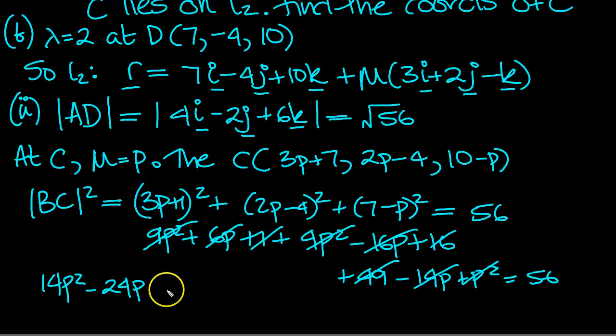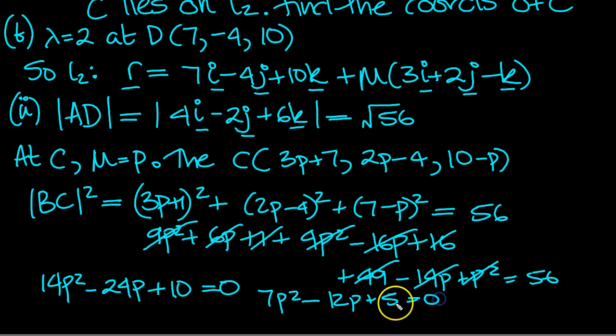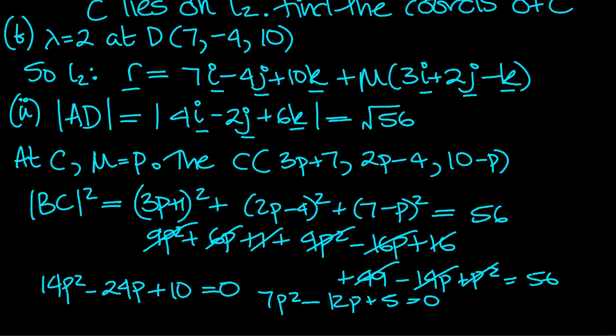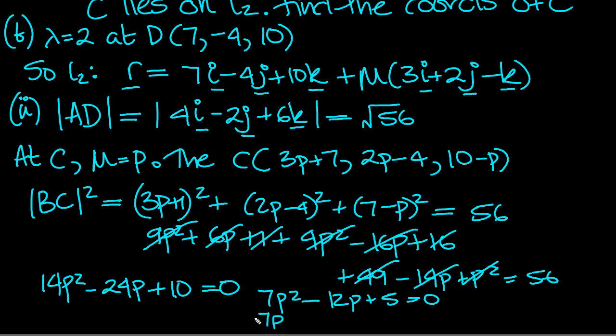Move the 56 over: 66 minus 56 is plus 10, equals 0. We can divide by 2. That gives 7p squared minus 12p plus 5 equals 0. Factorising: 7p and p, and then 1 and 5 will give 12 with a minus and a minus. So p will equal 1, or p will equal 5/7.